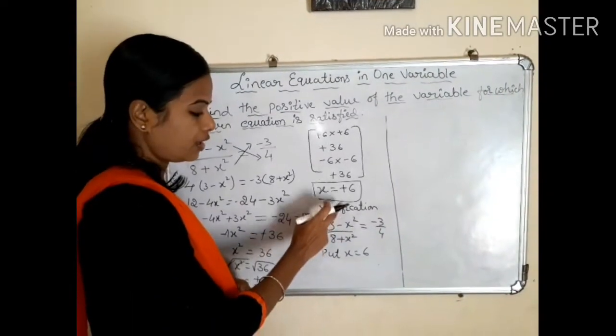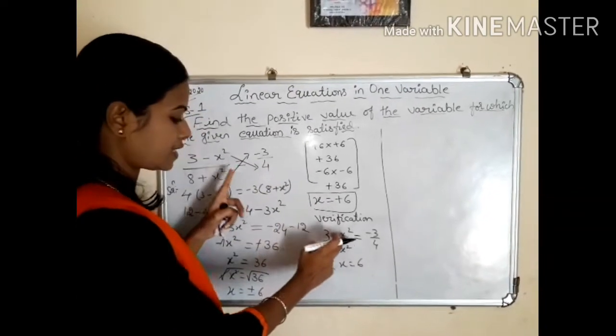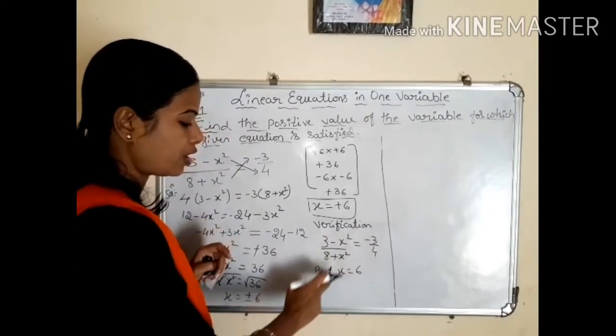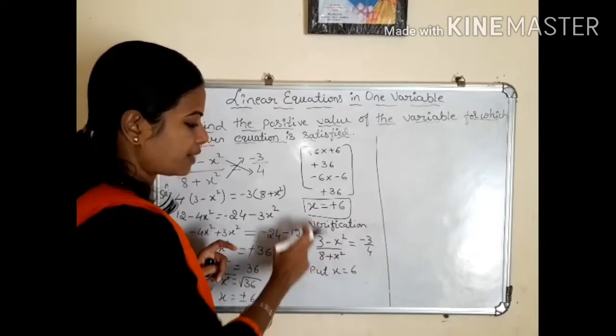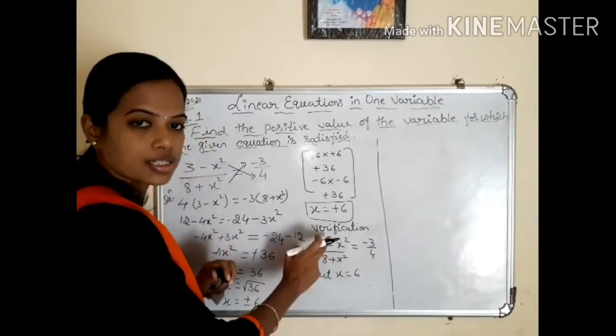Verification. In verification, write the given question as it is: (3 minus x square) divided by (8 plus x square) is equal to minus 3 by 4. Now, whatever variable value we got, you have to substitute. Nothing but the x value we got, plus 6. Put x equal to 6.